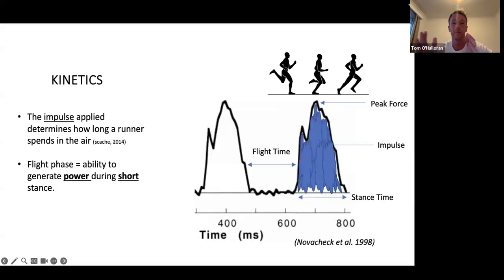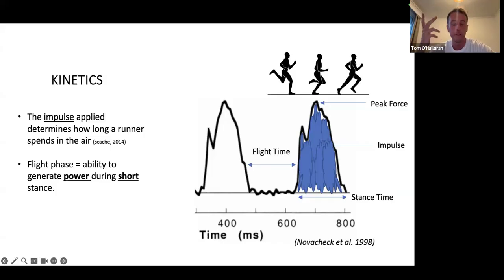So as I mentioned, when we apply force into the ground, we've got a minute period of time. The area under the curve where we're applying force above body weight is termed the impulse. So if we're applying force in a very, very short period of time, then we need to be powerful.